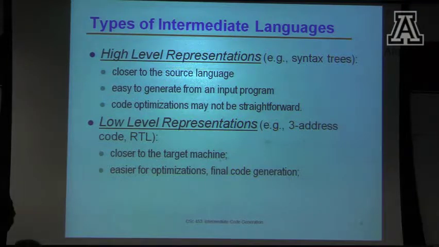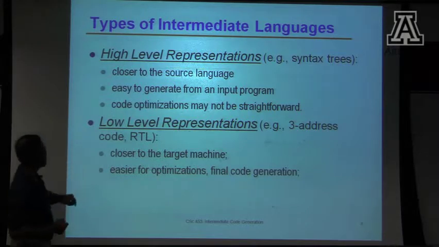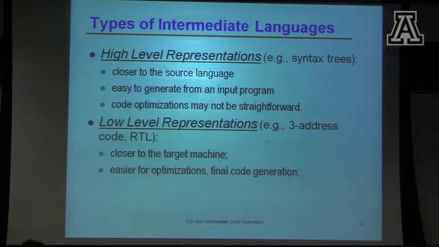On the other hand, because it's further away from the target machine, doing optimizations on high-level representations can be harder. The reason I say can be is that, of course, the details depend on the specific kind of optimization you're trying to do. But a lot of the stuff that compilers do are not as straightforward when you're reasoning at a high level.